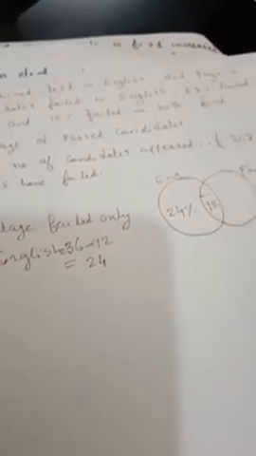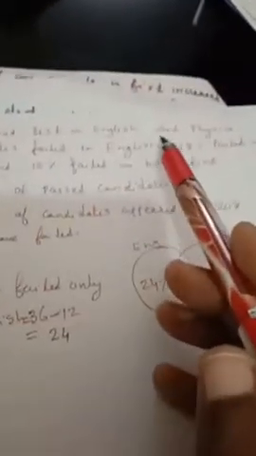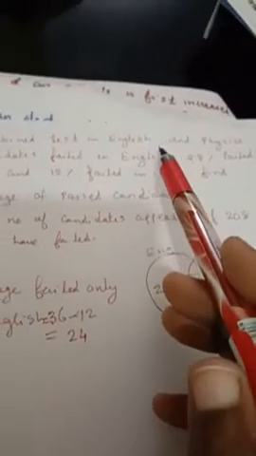Both in English and physics means 12%. Given that 36% failed in English, they are not specified as only in English.